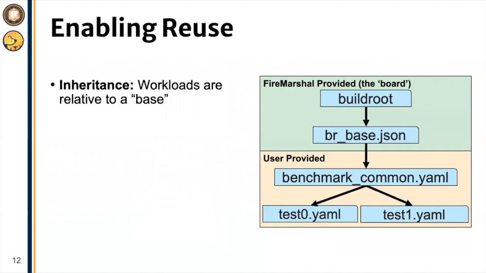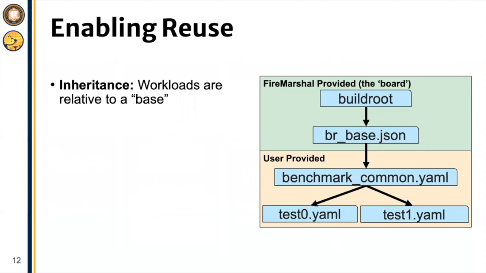So we provide a sane set of defaults in a particular file that's called brbase.json. And then for your benchmark, if you don't care about modifying any of those defaults, you can then extend it, add your own individual software configurations, aka I'm running a particular file, I'm catting out something in Linux, I don't know, I'm running Vim, creating a file, whatever the case is. You add your own modifications on top of the same defaults.